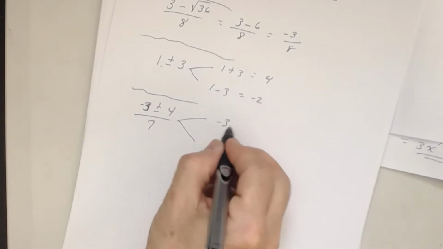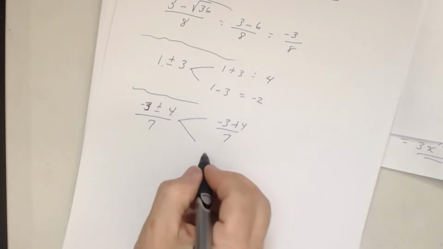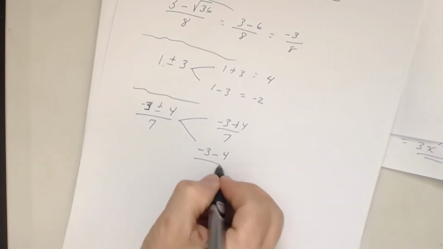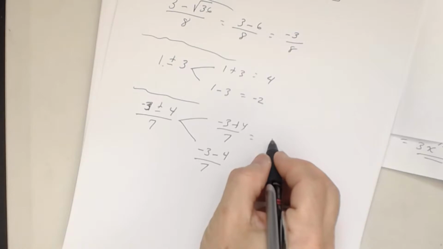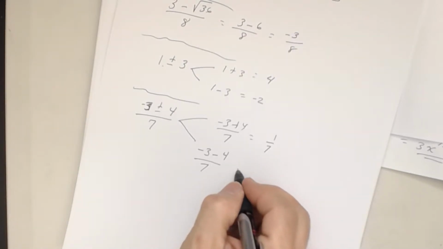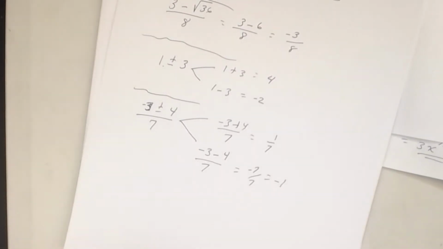First will be negative 3 plus 4 divided by 7. And the next is going to be negative 3 minus 4 divided by 7, right? What's negative 3 plus 4? So you get 1 over 7. And then what's negative 3 minus 4? Negative 7 over 7, which is just negative 1.